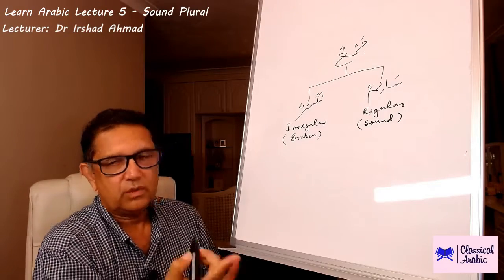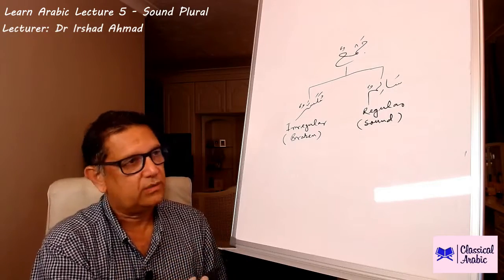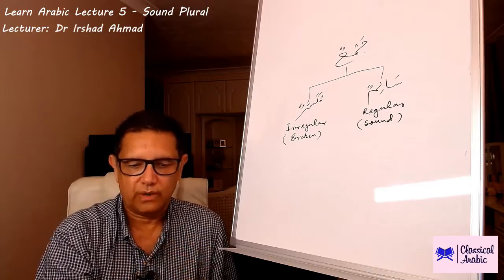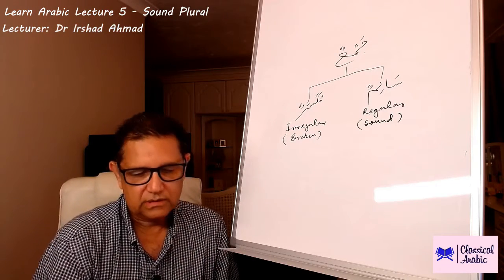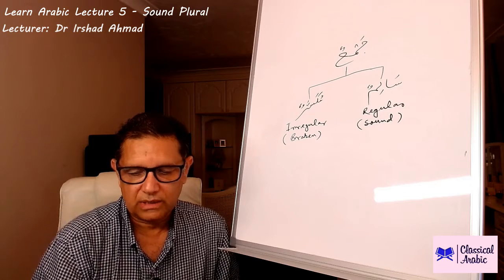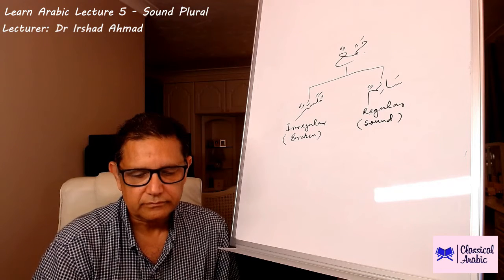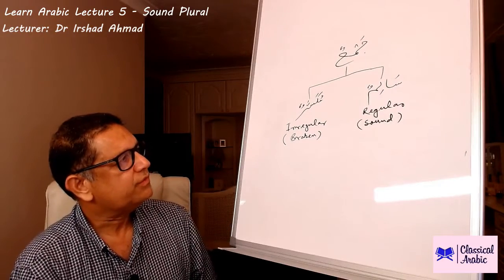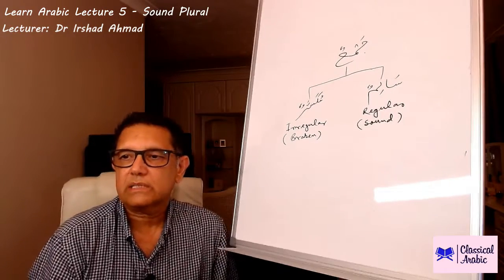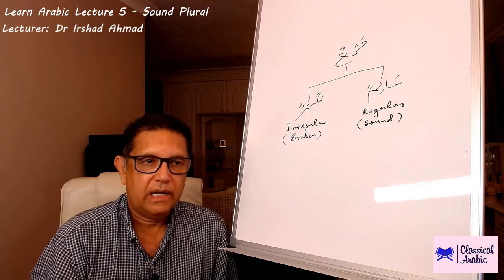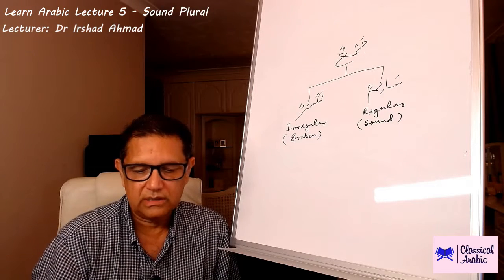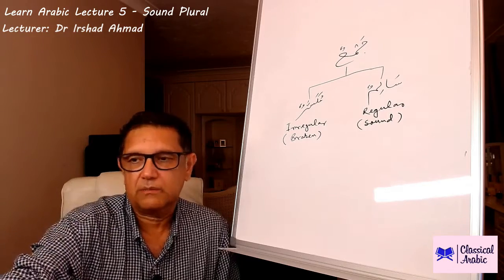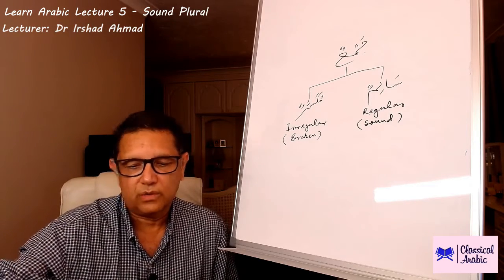So the original word is all broken, and in the plural you cannot really identify the original wahid word, and that's why it's called jam'a mukassar. To make jam'a mukassar, there are no rules to follow, but there are certain patterns, and as we go deep into the language we tend to learn and become familiar with certain patterns, although there are no rules.